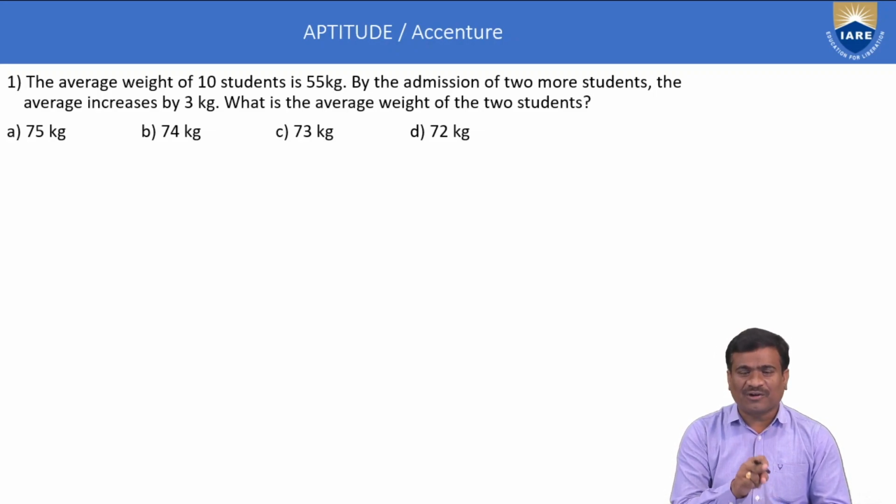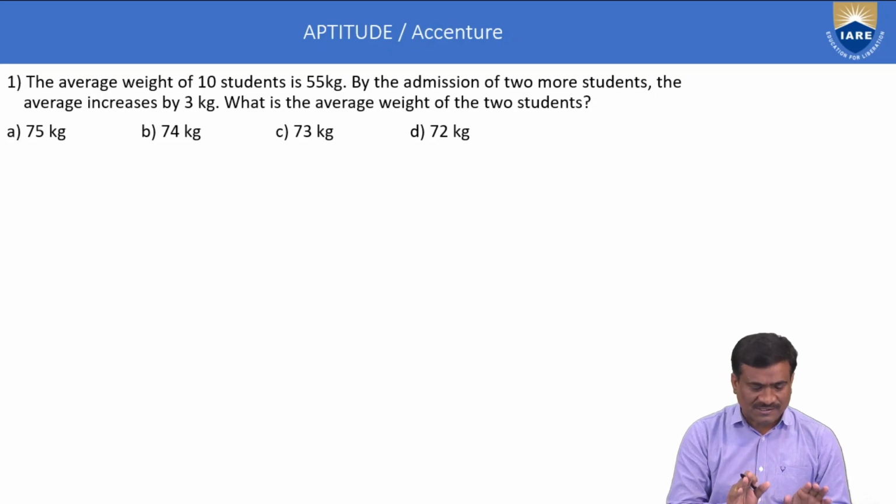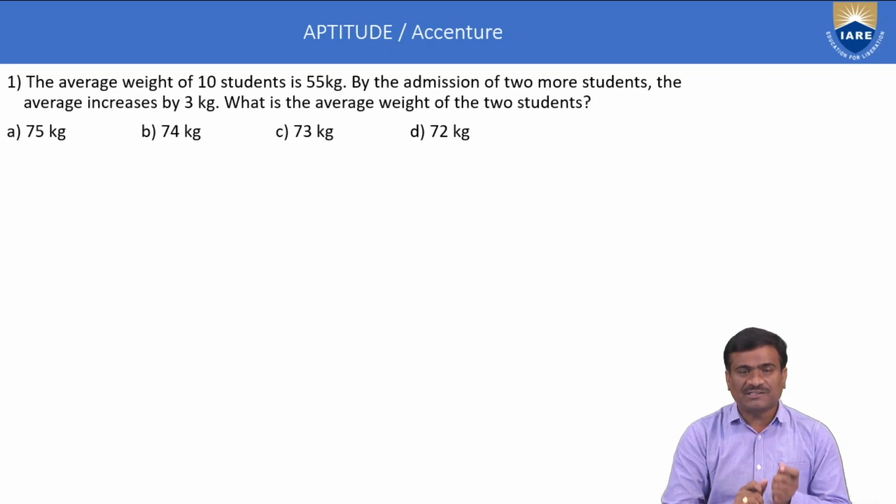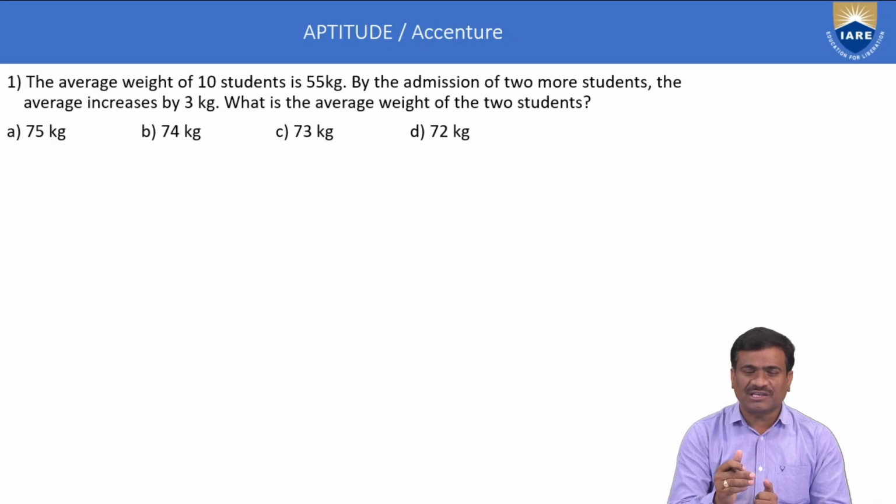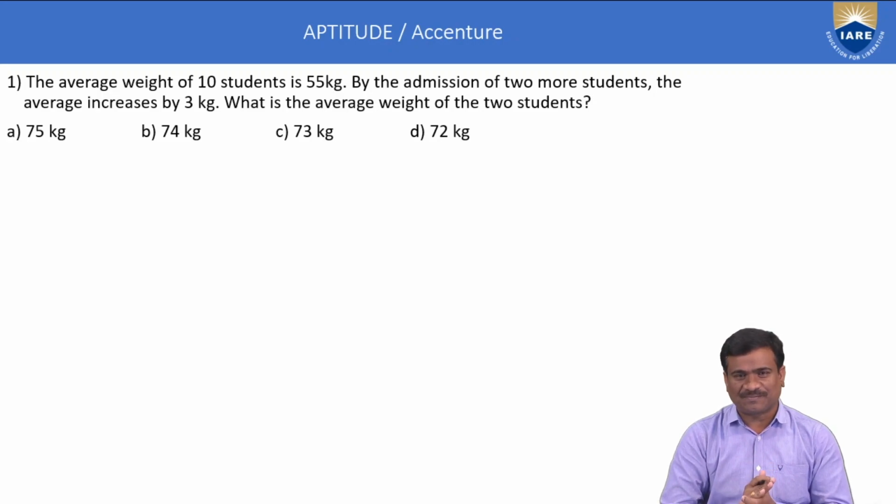Next, here find the average weight of the two students. First statement, the average weight of 10 students is 55. By the admission of 2 more students, the average increases by 3. What is the average weight of the 2 students?